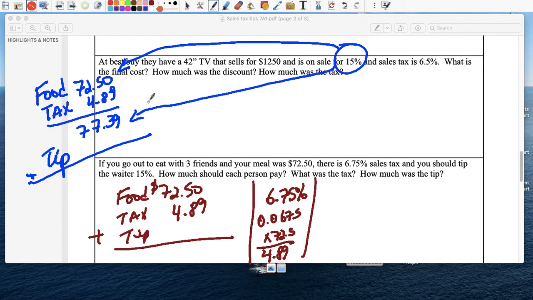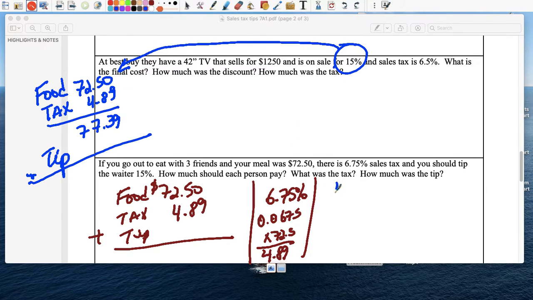Why am I tipping the waiter on a total that includes tax? That's the part, and maybe the difference is not that much. But I just think we should tip based on the service that the waiter provided, and the service that the waiter provided for me is based on this $72.50.